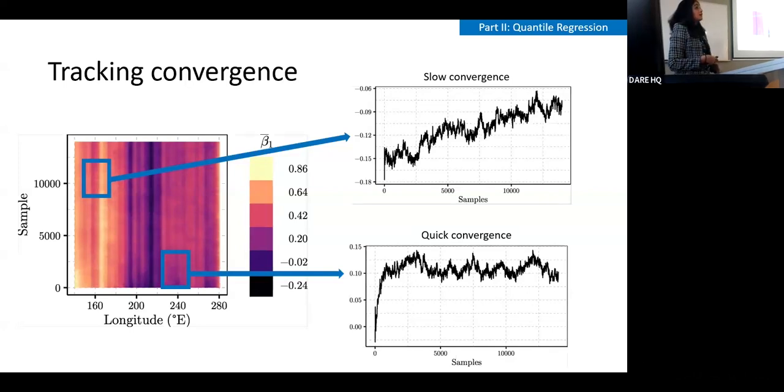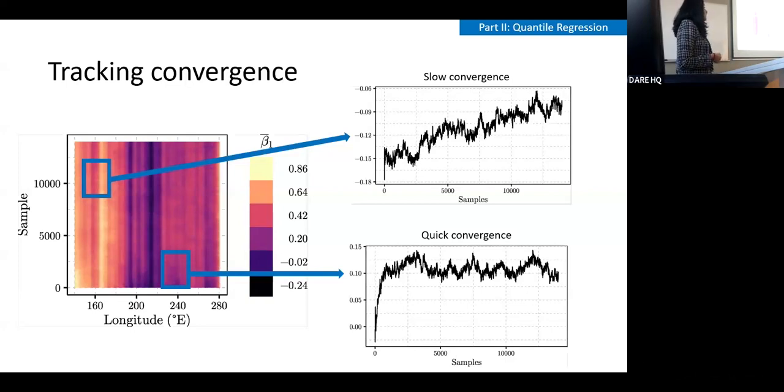So the x-axis basically spans the Pacific Ocean as you would see it on a map. So left equals Australia, right equals South America. And as you go up along the y-axis, that tracks the iterations as you go along the MCMC chain.